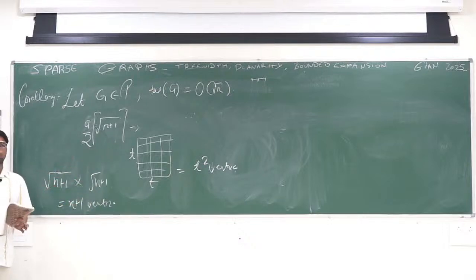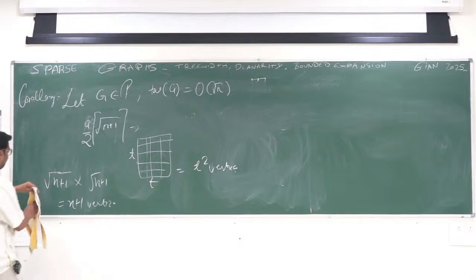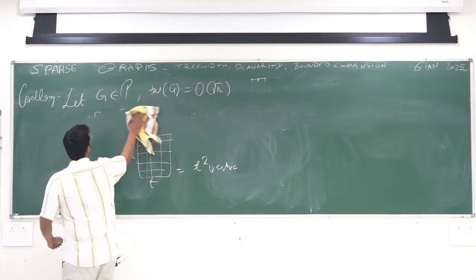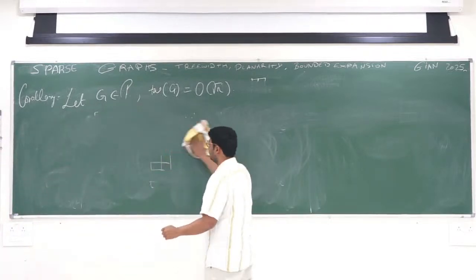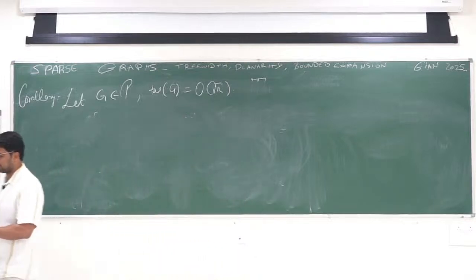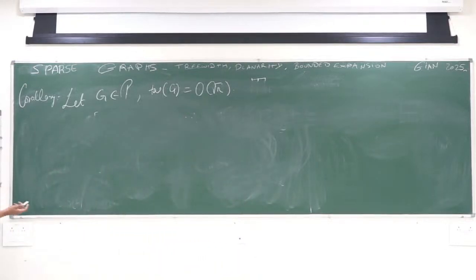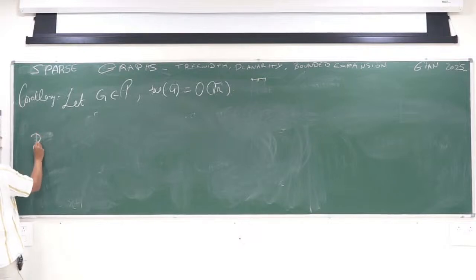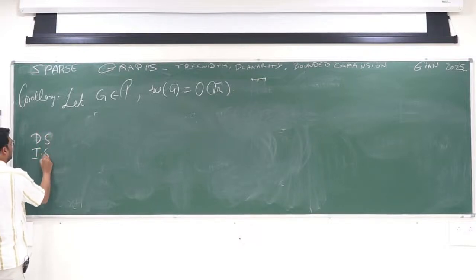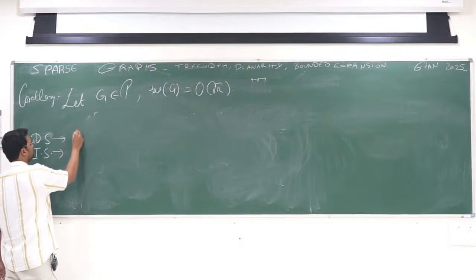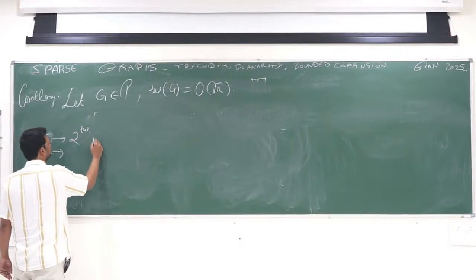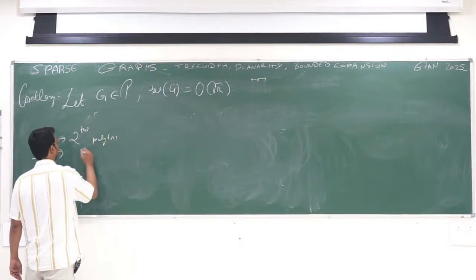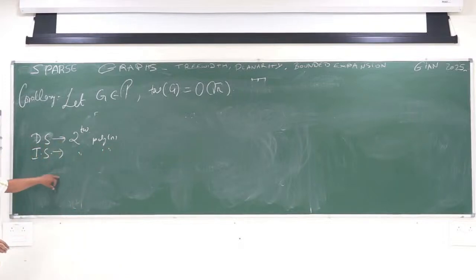Therefore, we saw earlier in Thomas' lectures that we can solve many problems in 2 to the power treewidth time over general graphs. For example, vertex cover you can solve in any case, but dominating set and independent set you can solve in time 2 to the power treewidth times n. Both of these problems you can solve in this much time.